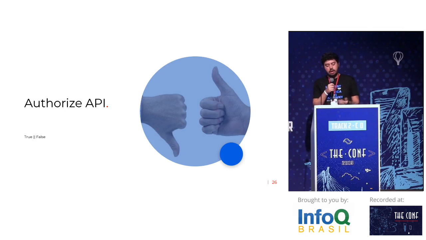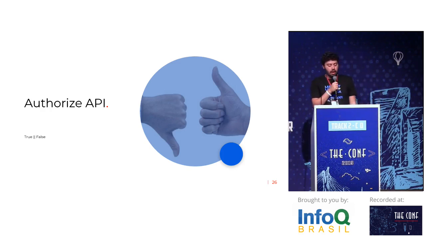To do this, our authorization API has to communicate with 3 different APIs, and it has a cache layer too. But this is very critical in our platform, because if our authorization API has a problem, nobody can watch a video. Not a live video or a VOD video, not at all.